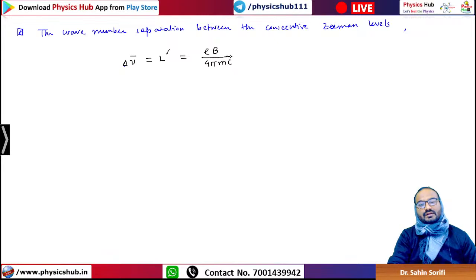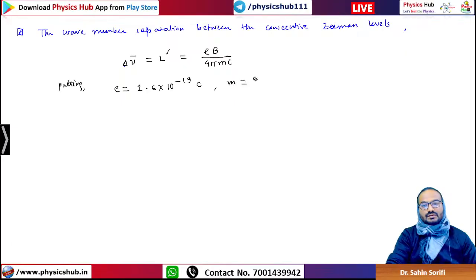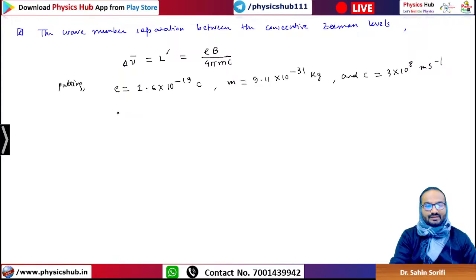Now it will be very inconvenient if you put these values and calculate in the examination. That will take a lot of time. So you get a very standard result by putting e equals the electronic charge 1.6 times 10 to the power minus 19 coulomb, the mass of electron 9.11 times 10 to the power minus 31 kg, and the value of c, the speed of light, 3 times 10 to the power 8 meter per second. So we get the value of B in Tesla.